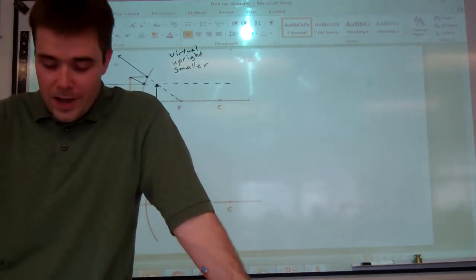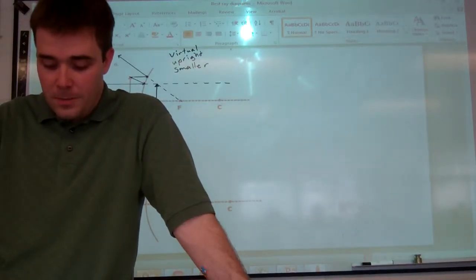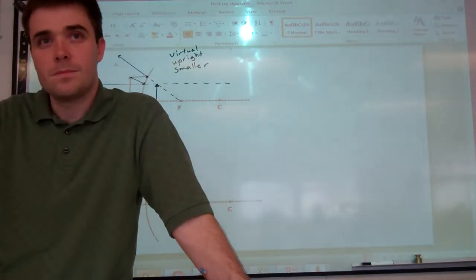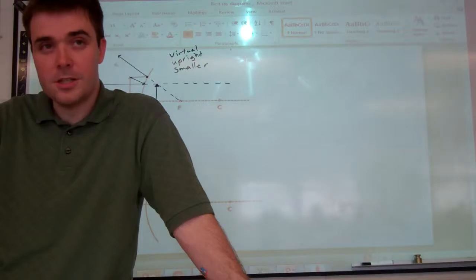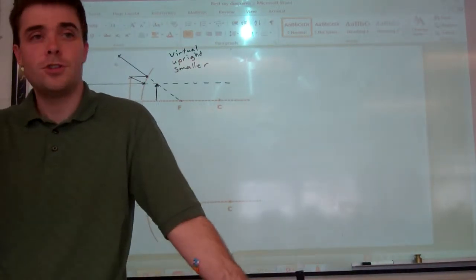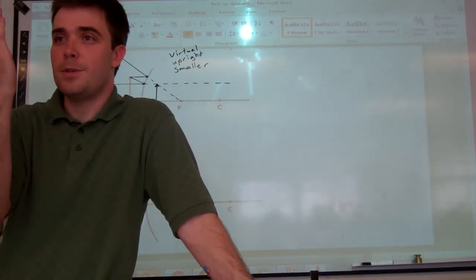Number 9, when the object is between the focal point and the mirror of a concave mirror, a virtual image is formed, and the image is larger. This is like a girl holding a makeup mirror close to her face, and her image appears.